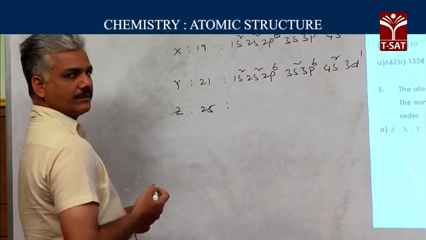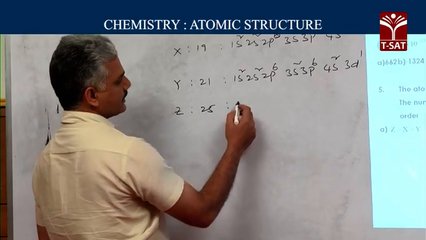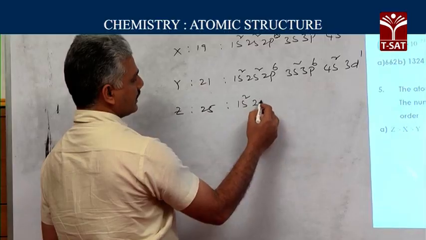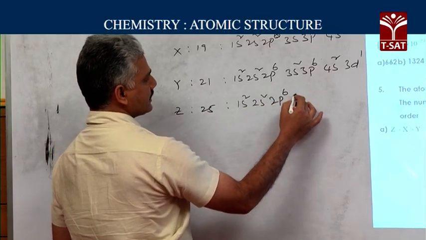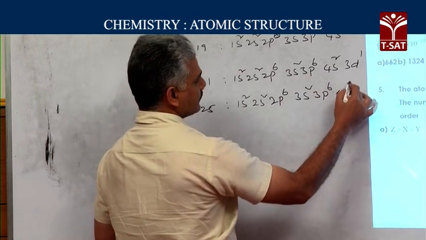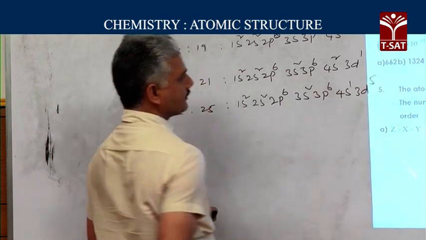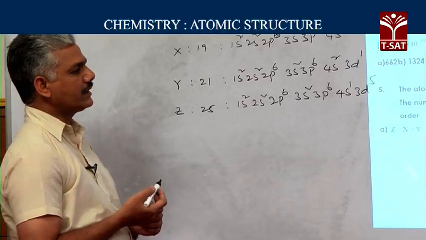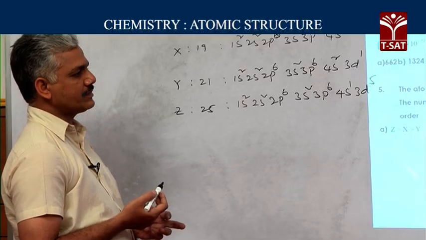And for an element with atomic number 25, electronic configuration is 1s2, 2s2, 2p6, 3s2, 3p6, 4s1 3d5. Now we have to count number of electrons present in the M shell.